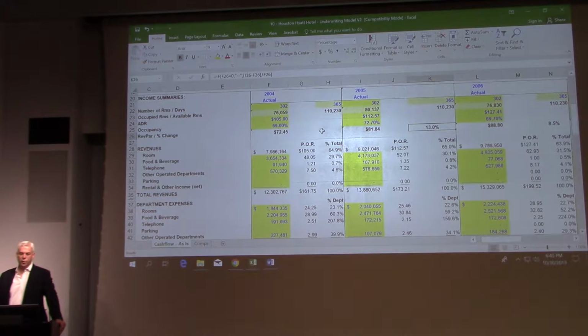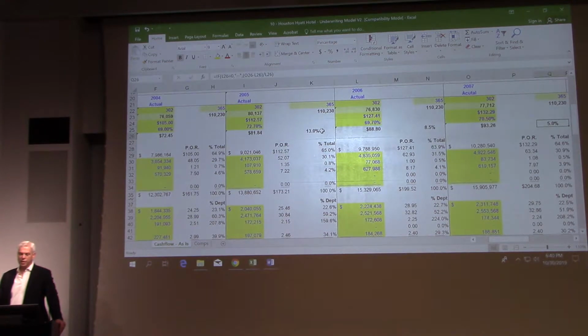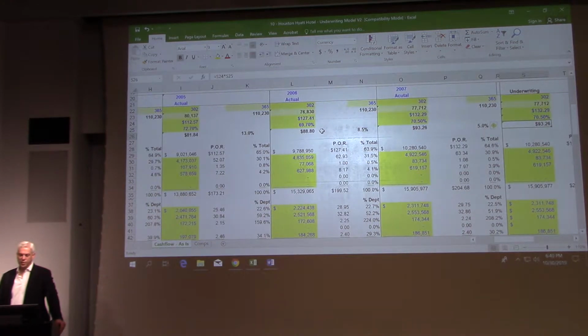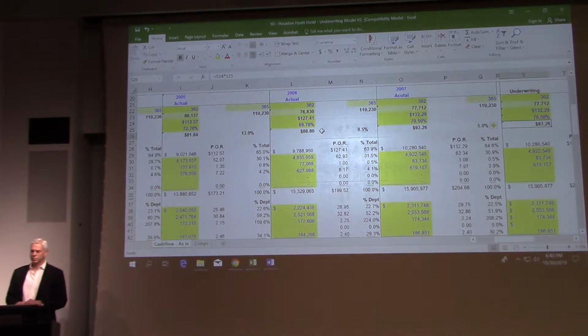From 04 to 05 was a 13% jump. From 05 to 06 was 8, and 6 to 7 was 5. And we're going to look at all these metrics and compare them to the market. But I think where it was underwritten, occupancy is perfectly fine, and it's on the aggressive end for ADR.